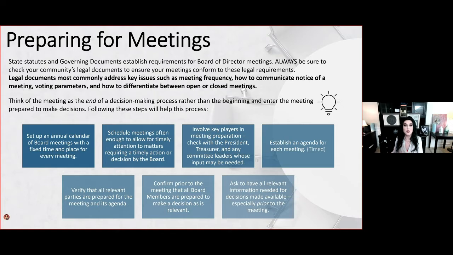But when boards utilize their board meeting for all of the discussion, they don't get to the point where there's time to make a decision, or maybe you have to table so many topics because you've not had enough time to discuss that. This is where having these kinds of conversations and these resources ahead of time are going to really prepare you for a much more successful environment going into your next board meeting.